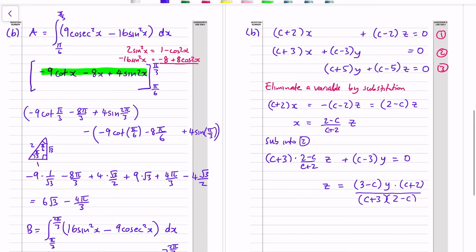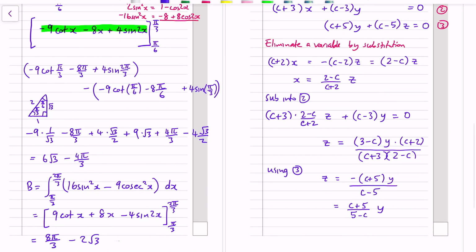And using equation 3, I can also get z in terms of y, a little bit easier. Z equals minus c plus 5 times y all over c minus 5. Getting rid of that minus there, I could write c plus 5 over 5 minus c all times y.